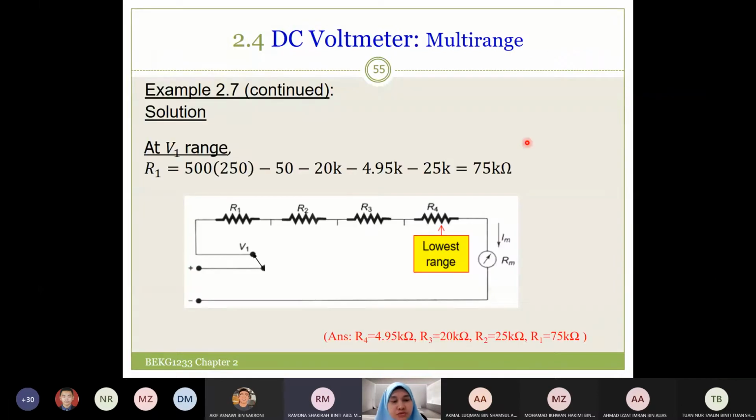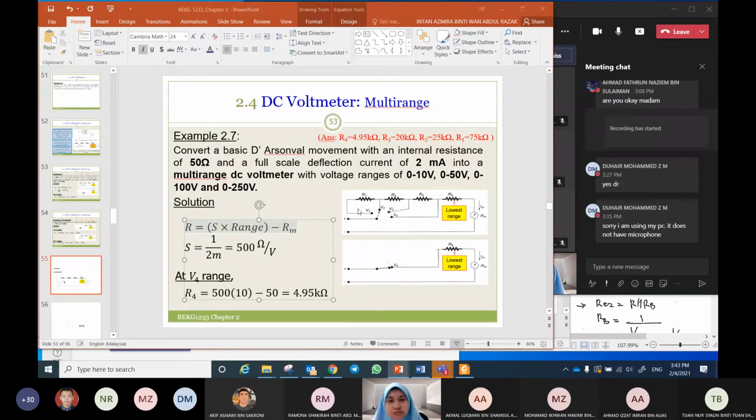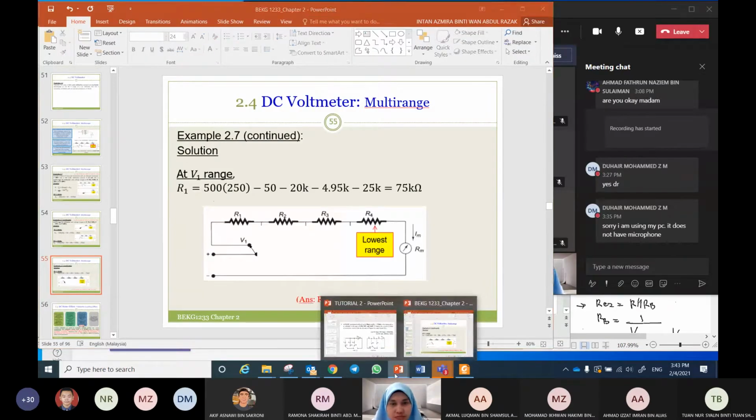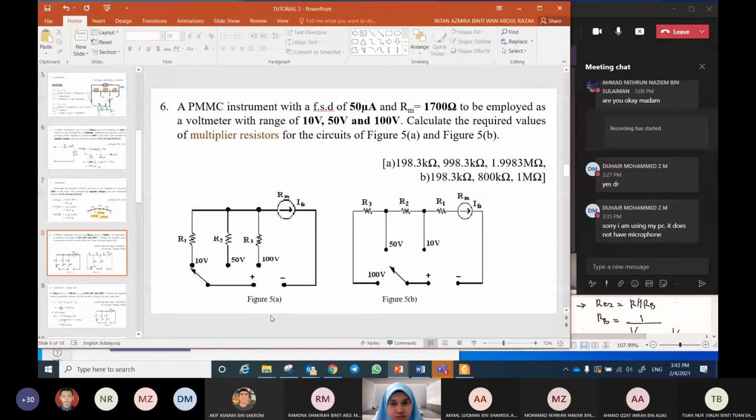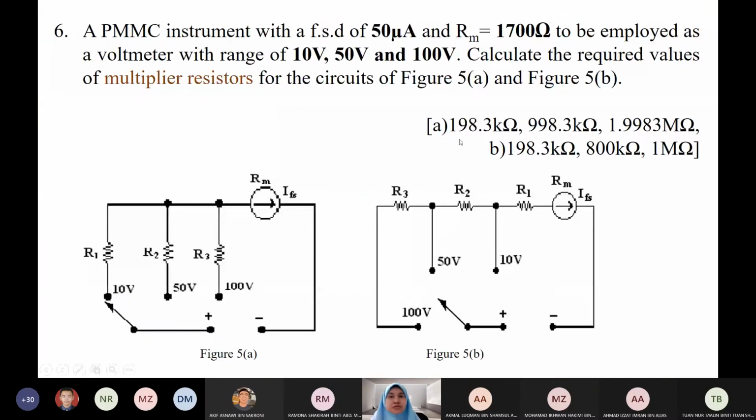Okay, so we go to the tutorial of multi-range voltmeter. This is number 6 in tutorial 2: a PMMC instrument with an FSD of 50 microamp. So 50 microamp is the current flowing through this circuit. This is a series circuit.